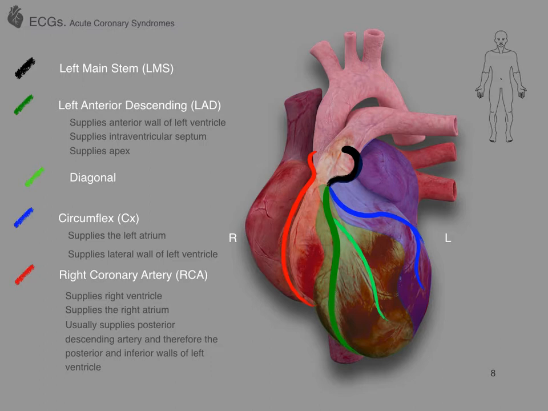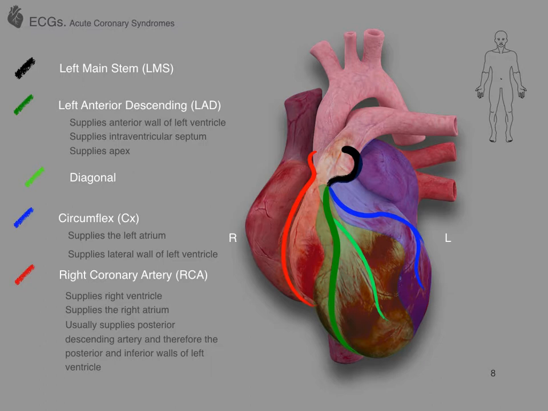So your left main stem is your large trunk that then divides into your LAD and your circumflex. The LAD is probably, I would say, the most important coronary artery. So it's supplying the anterior wall of the left ventricle, so your main pumping ability of your left ventricle.